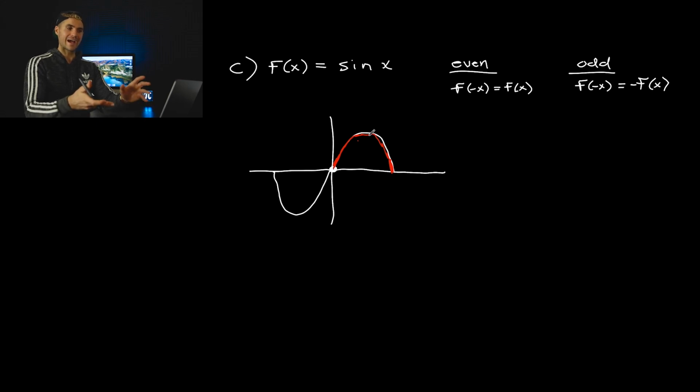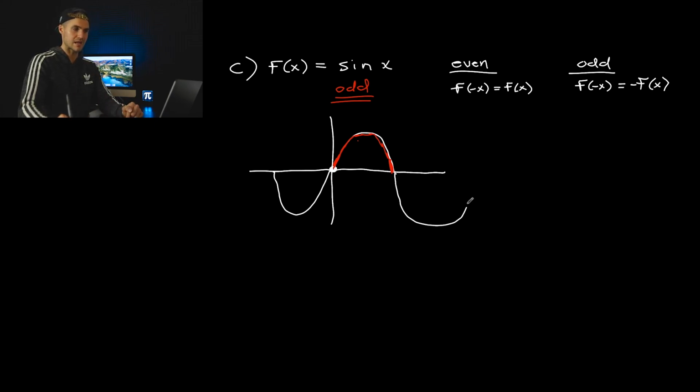So it basically has rotational symmetry, or it's symmetrical about both axes, sine x is. So sine x is actually an odd function. And then if we extend the graph, I know this extends infinitely. If we extend over here, that would do one full period. This would be up until 360.